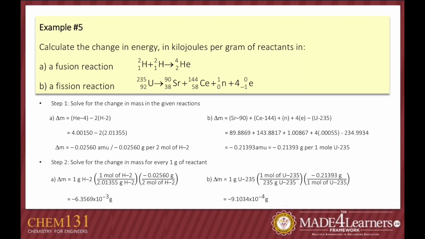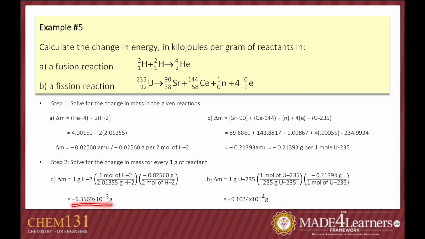To find the change in mass for 1 gram of uranium-235: 235 grams of uranium-235 is 1 mole, and for every mole the change is negative 0.21393. So for 1 gram undergoing fission, the change in mass is negative 9.1034 times 10 to the negative 4.